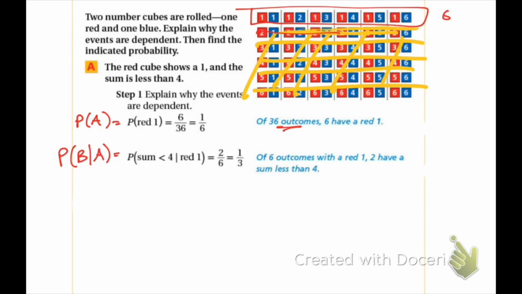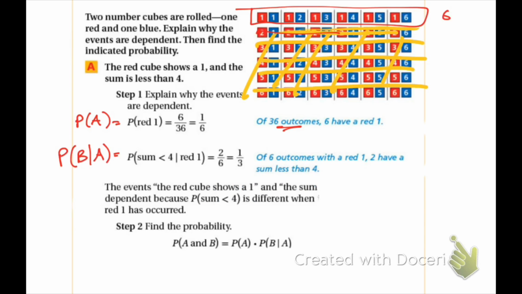Well, now to calculate the total probability of the stated question, step 2, find the total probability, and this is our dependent probability. So we're saying the probability of a red 1 and the sum is less than 4.